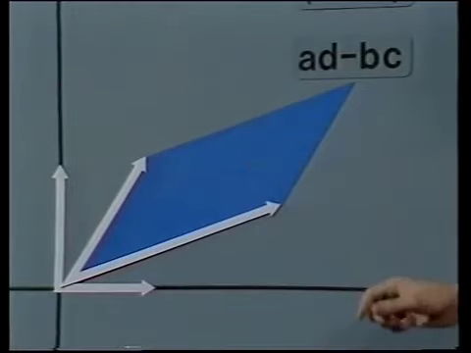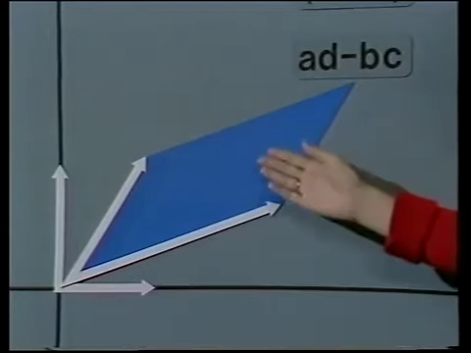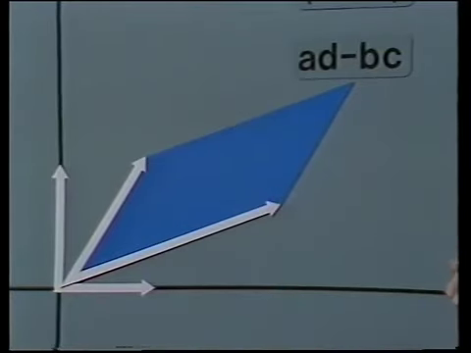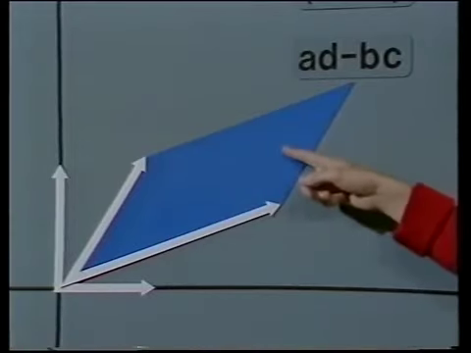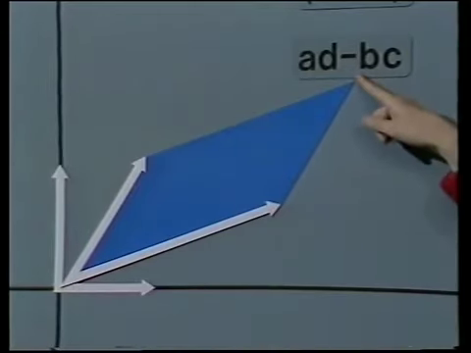But if there's no inverse, then these images get pushed together, and so the parallelogram collapses. But how can we distinguish between these two cases? What we do is to look at the area of the parallelogram. And it turns out that this area is AD minus BC.